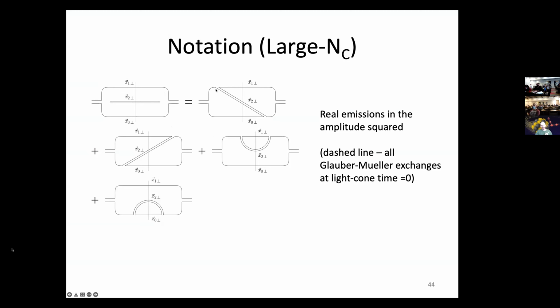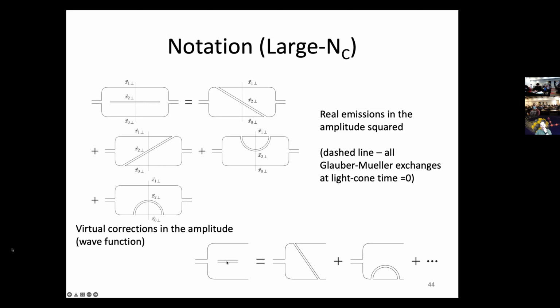Now the gluon can be emitted by the quark or by the anti-quark line to the left of the interaction with the target, and also can be absorbed by either the quark or anti-quark line to the right of the interaction with the target. So you have four different situations here, and instead of drawing all four of them, it's easier to draw a single diagram like this with a gluon line disconnected, meaning we can connect it to the top or to the bottom.